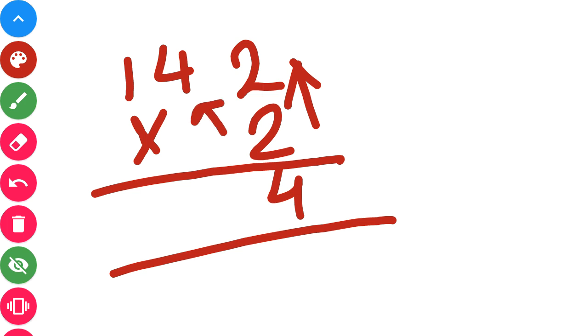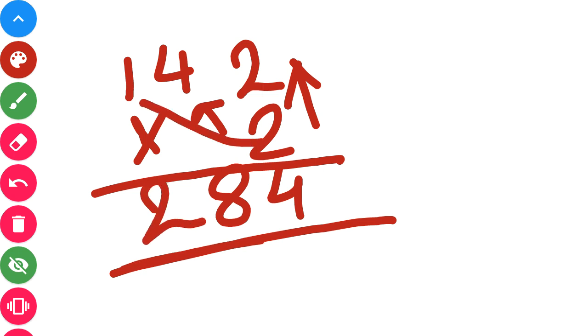Now 2 4s are how much will we get? 2 4s are 8. And now 2 1s are 2. So our answer will be 284.